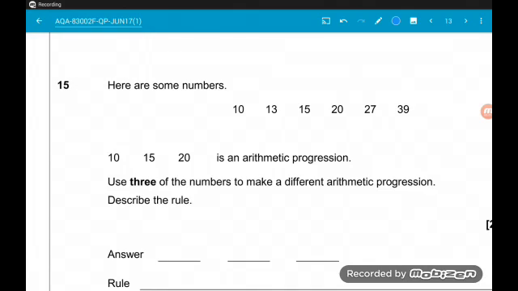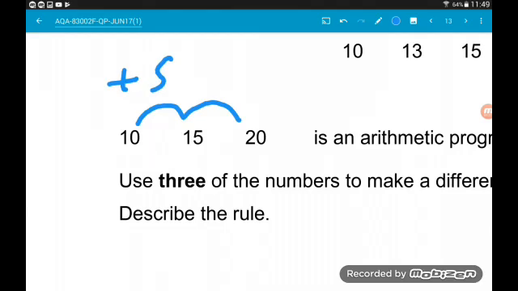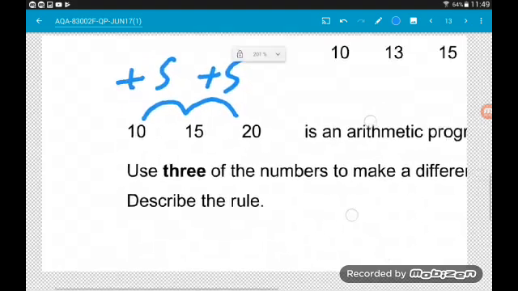Question 15. Here are some numbers: 10, 13, 15, 20, 27, 39. We're told that 10, 15, 20 is an arithmetic progression. Arithmetic means that to get from term to term, you add the same amount each time. That's all that arithmetic means. So in 10, 15, 20, we are adding 5 each time.